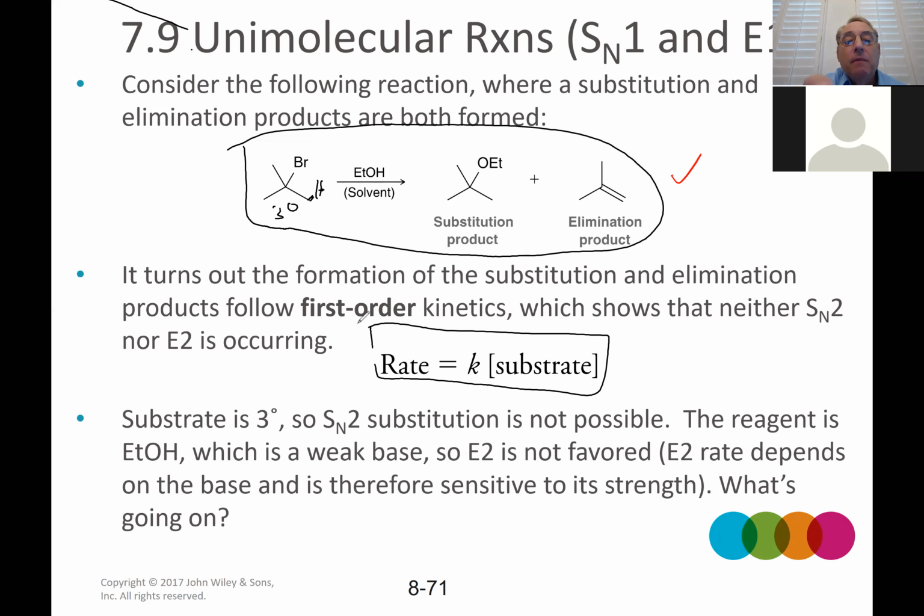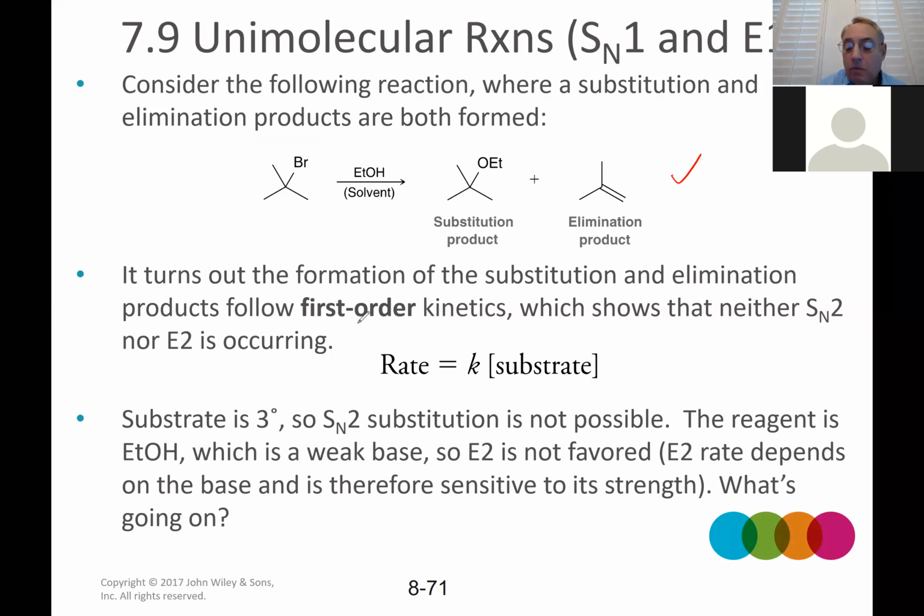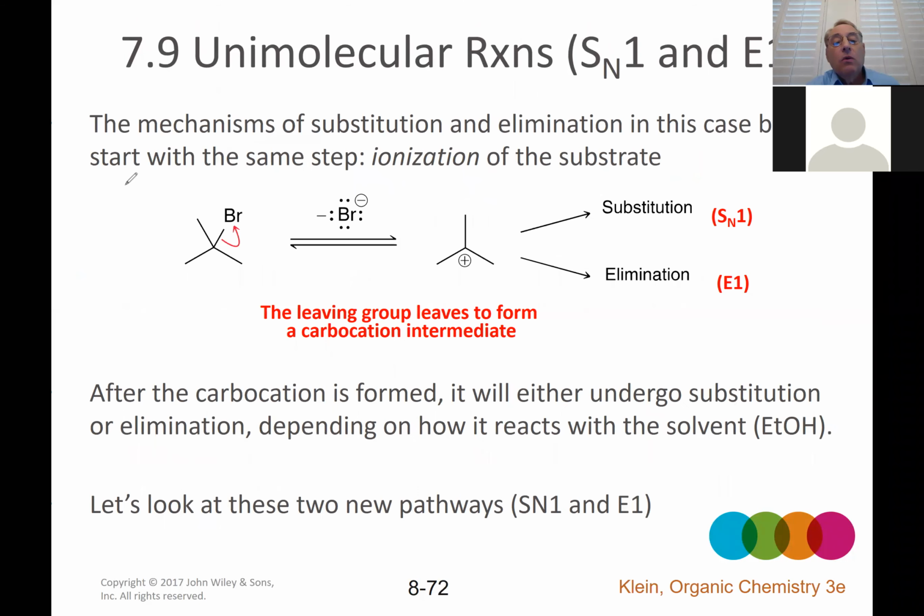Okay, let's take a look. What's going on is that there's a different mechanism. It's a stepwise mechanism where the first step is loss of the leaving group. You see the leaving group breaks off and you form the carbocation intermediate.